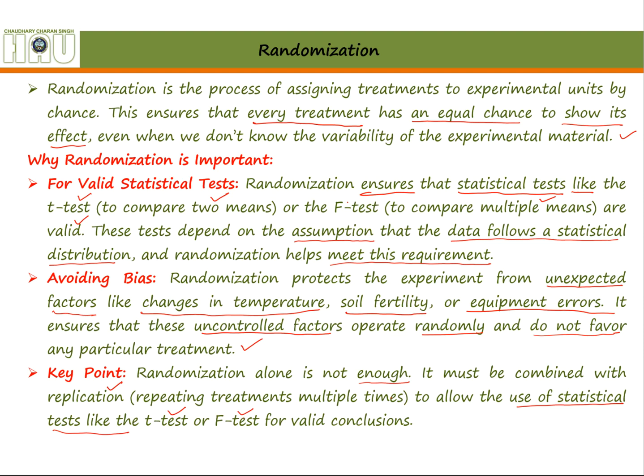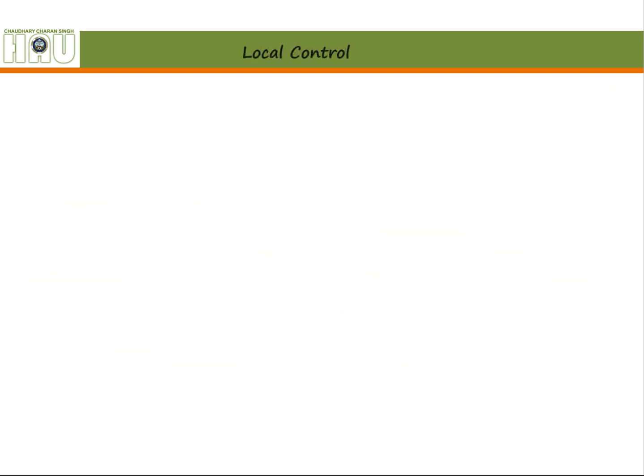And the third component, which is of course very important in field experiments, is local control. Local means local, control means controlling, means you apply certain techniques locally in order to manage the heterogeneity in the field.